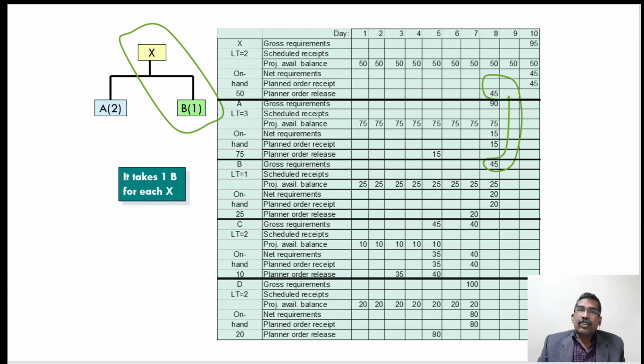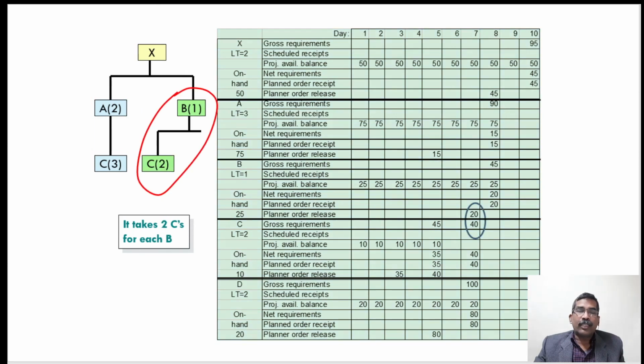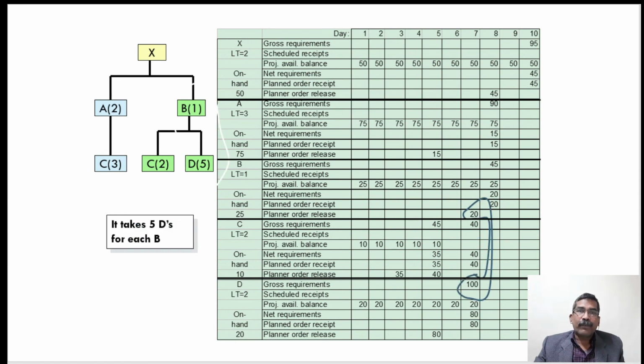Now we have already shown here, you can see that 45 components of X are required, and 45 components of B are required here. So we have already discussed this in detail in the previous slide, so we should not go into detail about it. You can see how many components are required for all the components here.